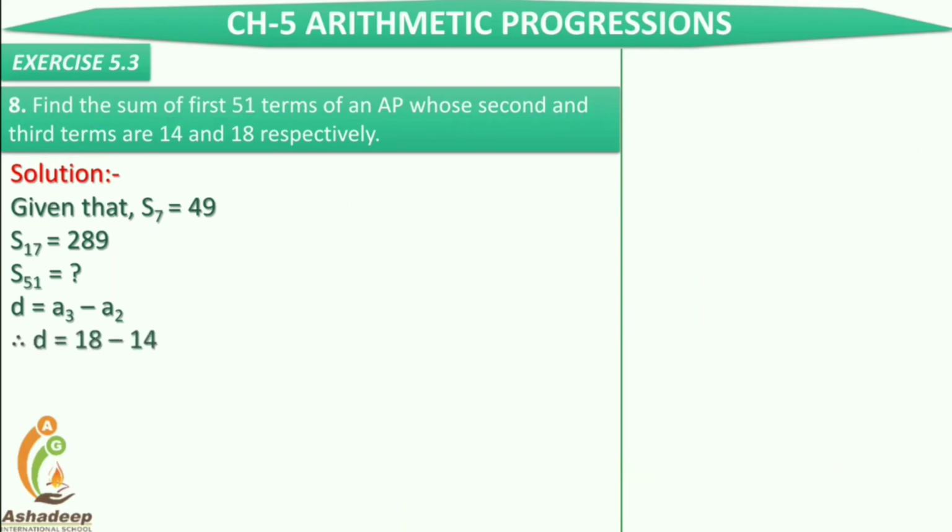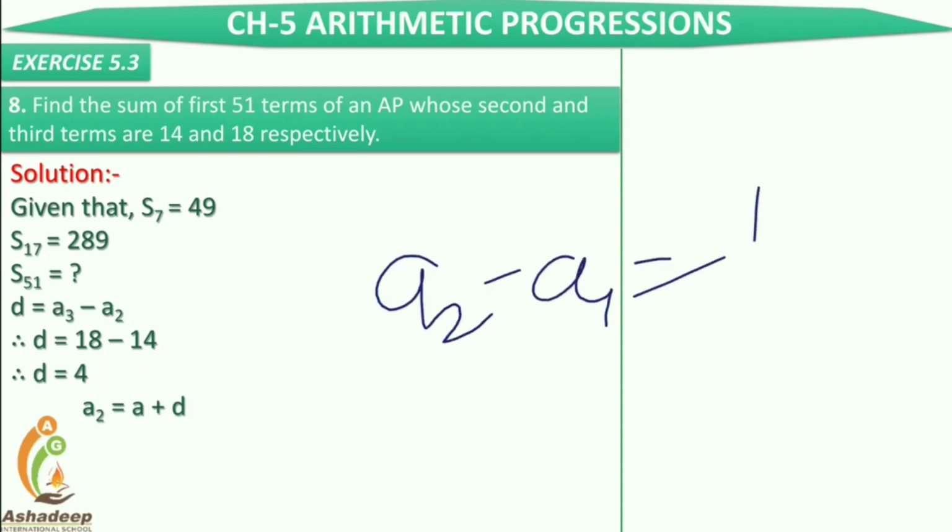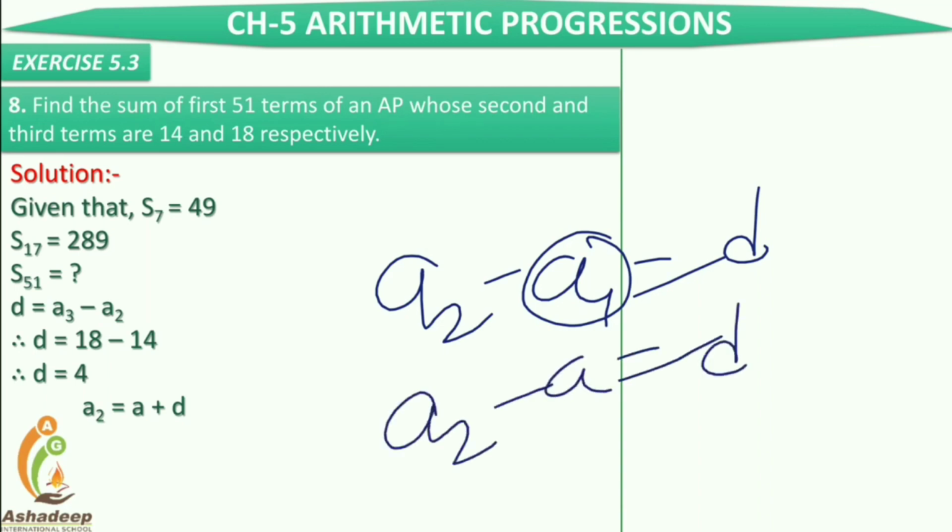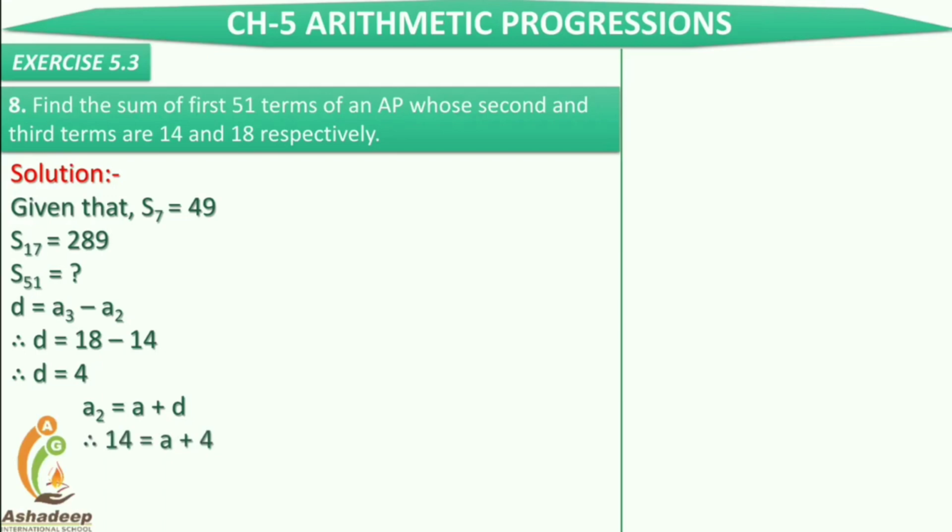Now let's see, d is equal to 4. Okay, so A2 is equal to a plus d. Why? Because A2 minus A1 is equal to d. A1 is nothing but a. So A2 minus a is equal to d. Okay, so 14 is equal to a plus 4, and that means a is equal to 10.